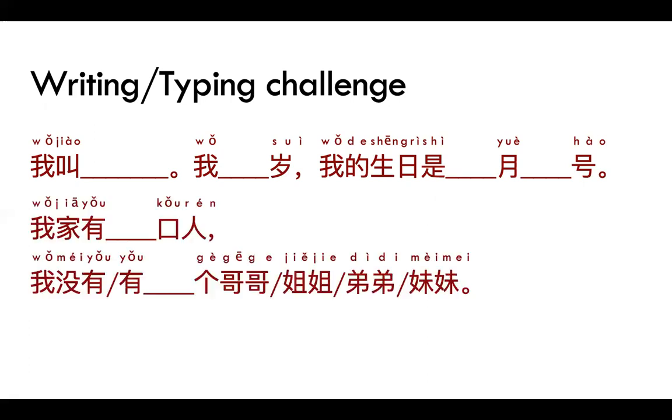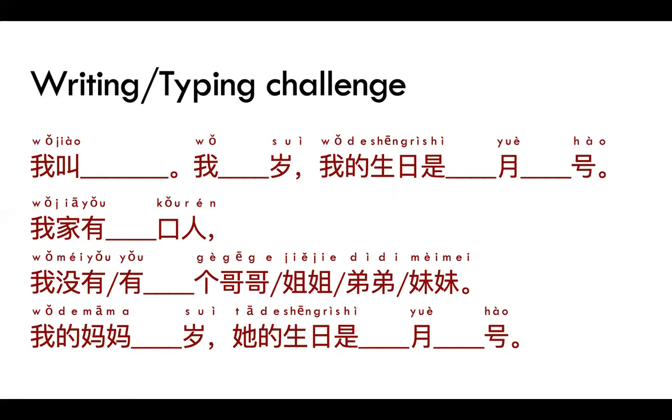It's about you. 我家有几口人? 我没有 or 有几个哥哥、姐姐、弟弟、妹妹. This is about people in your family. And 我的妈妈几岁? 她的生日是几月几号? All right, and also the other people in your family, you must know when their birthdays are, right?